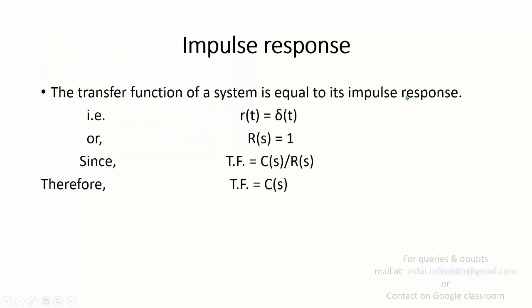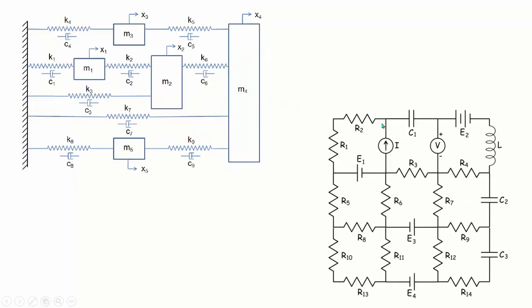Now, how do you find the transfer function of complicated systems? For instance, to find the transfer function for this system will again be difficult if you're going to obtain all the differential equations related to all the elements. If you talk about this particular mechanical system, how many elements do you have? M3, C4, K4. So this is a spring constant, this is a damping constant.